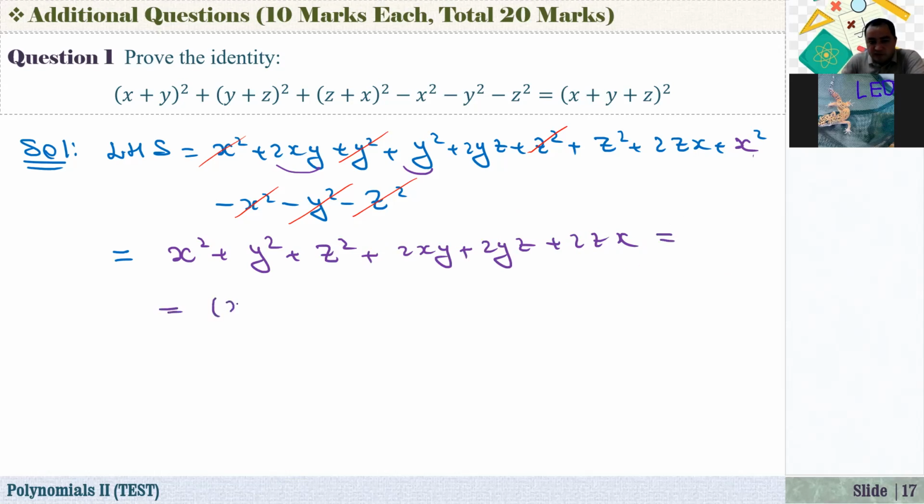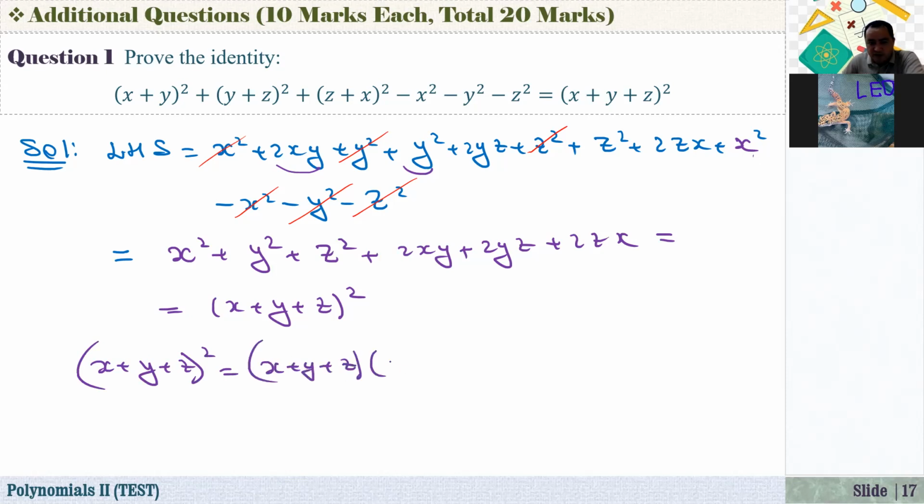Now, if you remember, it is just the square of x plus y plus z, right? Because if you just square this, we will get that thing. (x plus y plus z) squared means (x plus y plus z) times (x plus y plus z). Also in a different way, I can expand this.